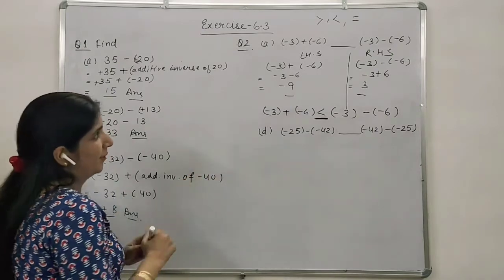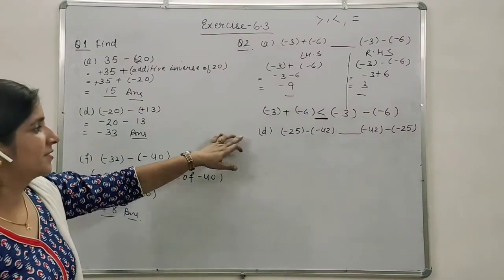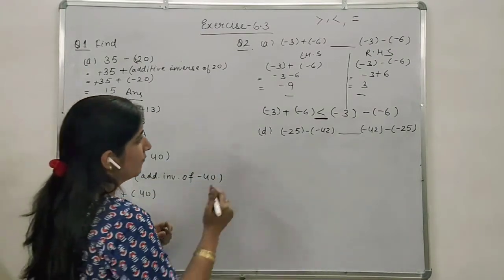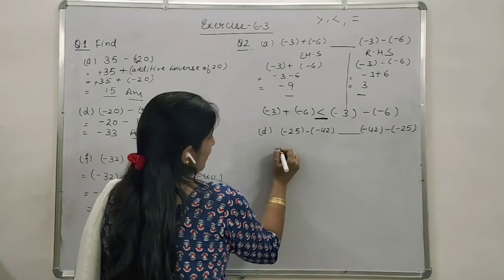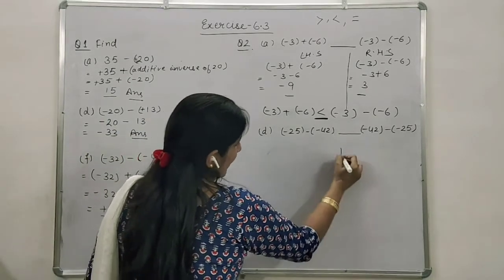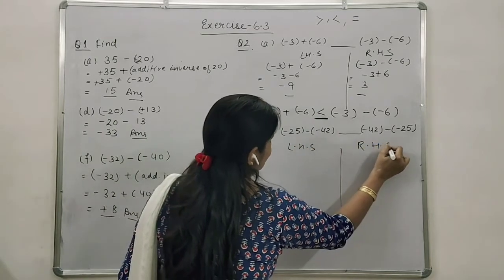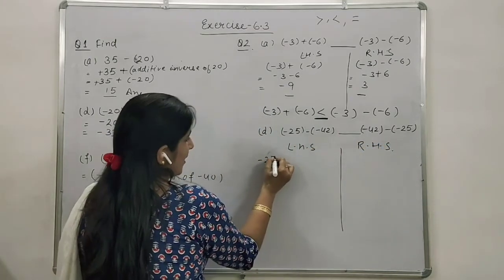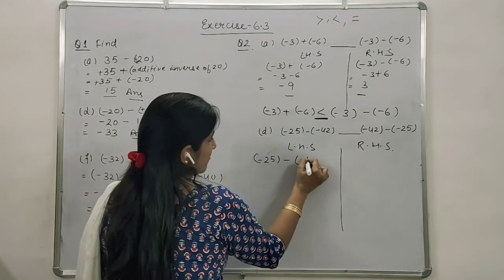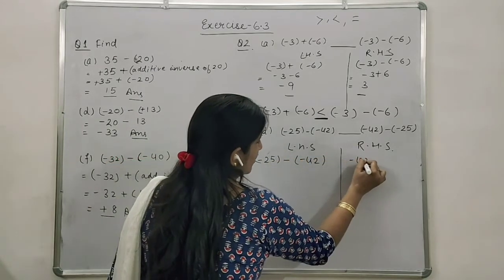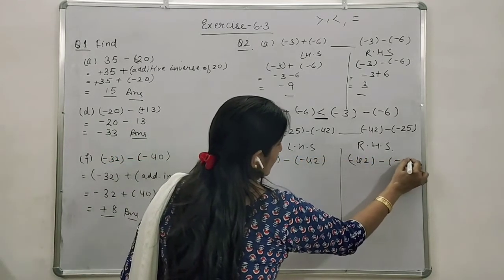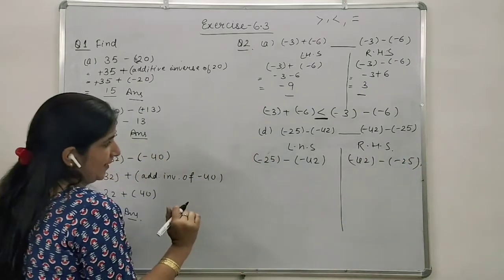Now the D part, the remaining part you can do yourself. This D part, again I am telling you, I am dividing it into left hand side and right hand side. So this is minus 25 minus 42. I am writing both the right hand and left hand sides.